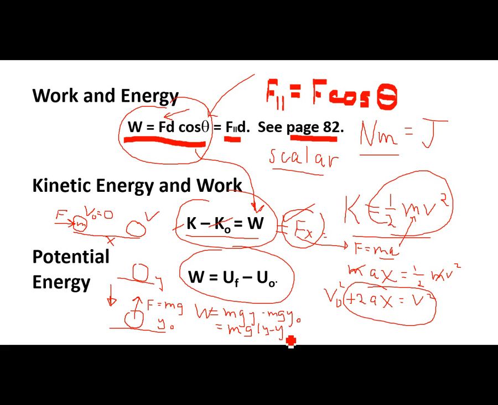Well, y minus y0 is simply the displacement that the object went through. So we could call that h, mgh. Well, what's that? That's just a force, isn't it? mg times the distance d. So it's just saying, hey, the work that you had to do changed the potential energy of this object, and since we did it so slowly, it didn't change the kinetic energy. Okay?